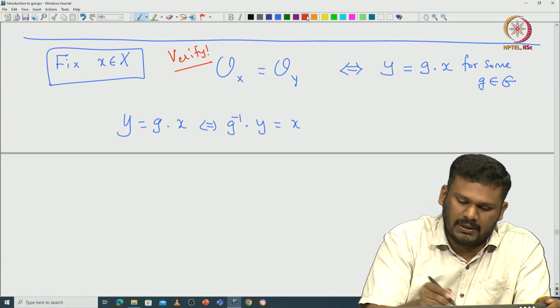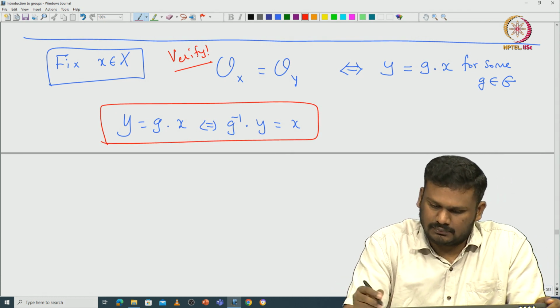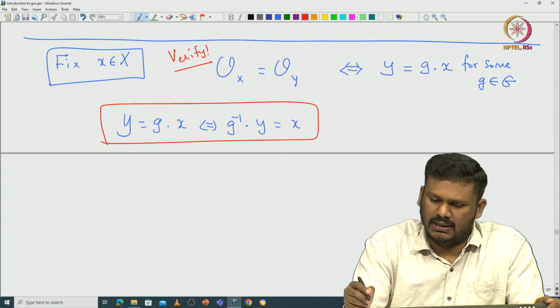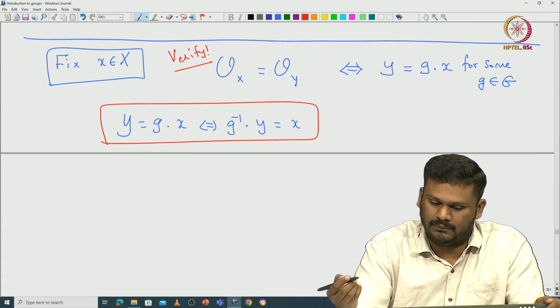So, using this property one can verify that whenever y is a conjugate of x, then x will be a conjugate of y, and O x is also a subset of O y.